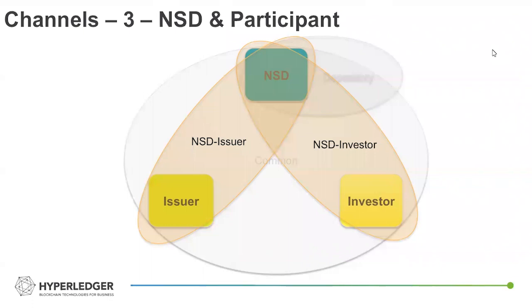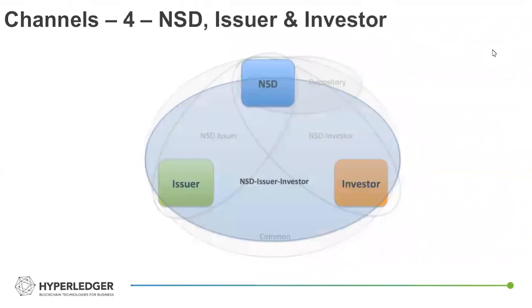So the NSD was essentially the clearinghouse and settlement processor for those balances. Each participant could, on their respective channel, view their balances, but not have that information be visible to the other participant. And then ultimately for transacting, there was a three-party channel for both the peers and the NSD institution.